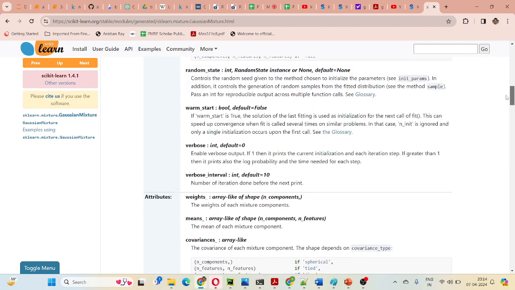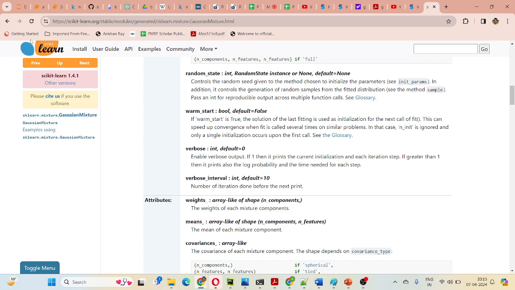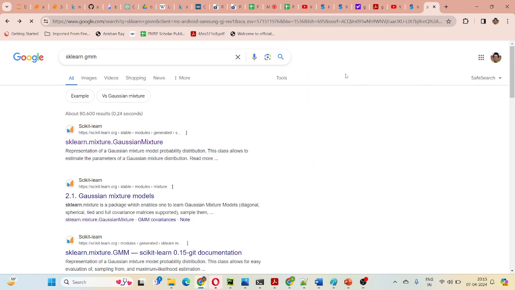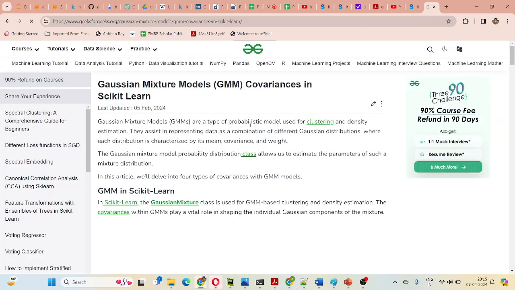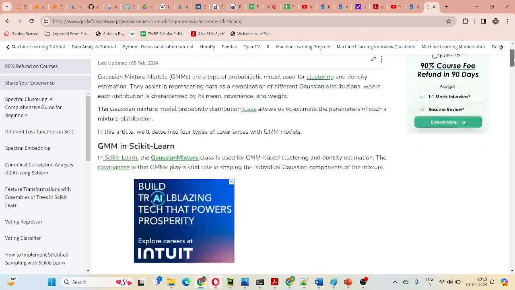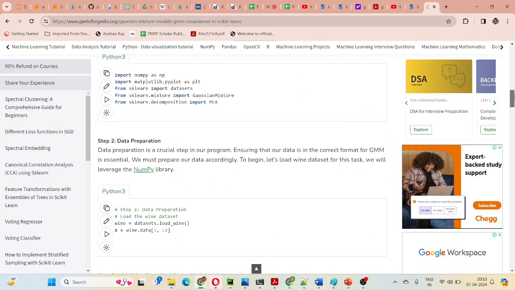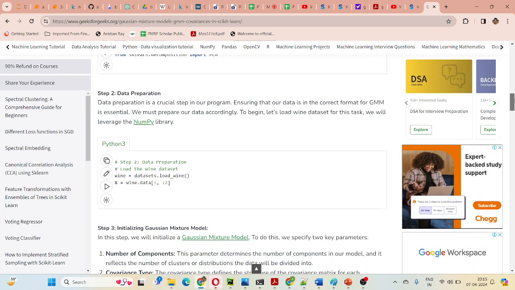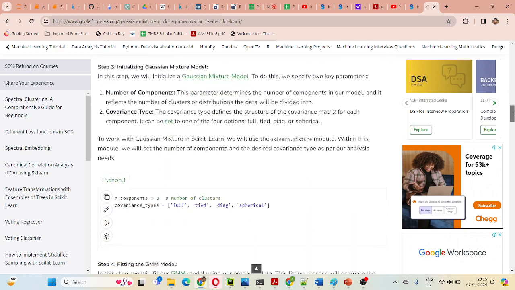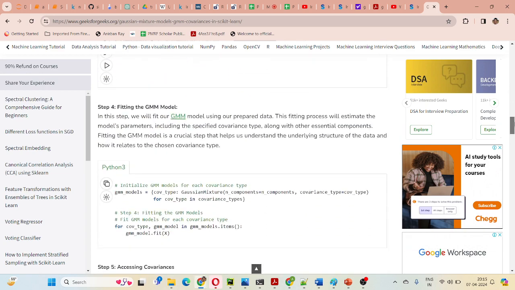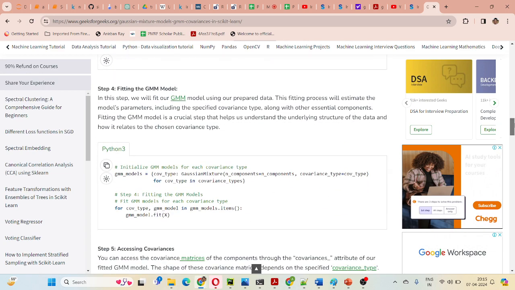Just see some code, I think GeeksforGeeks, how they do it. They loaded the dataset, the covariance types, and fit the GMM models.